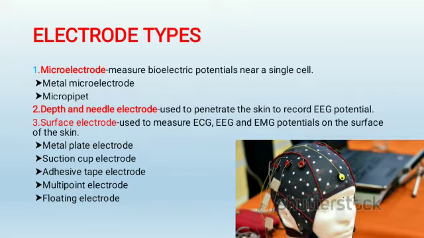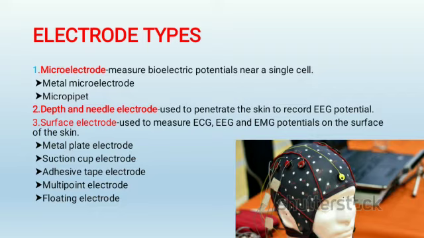The next topic is biopotential electrode types. Here the electrodes are generally classified into three types. One is the microelectrode, the second is the depth and needle electrode, and the third is the surface electrode. Microelectrodes are used to measure the bioelectric potential near or within the cell. These are also called intracellular electrodes.